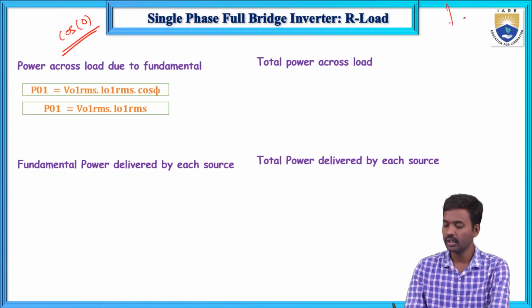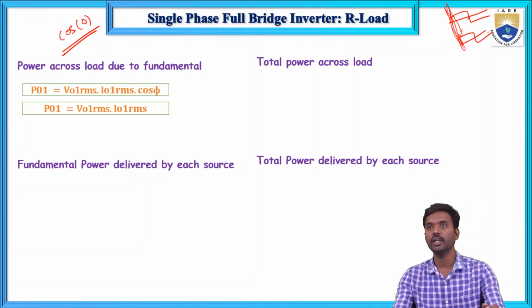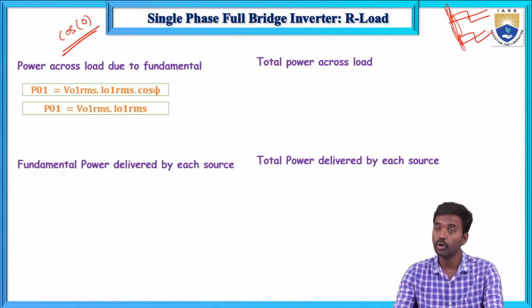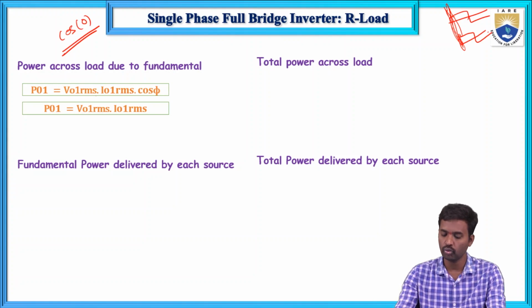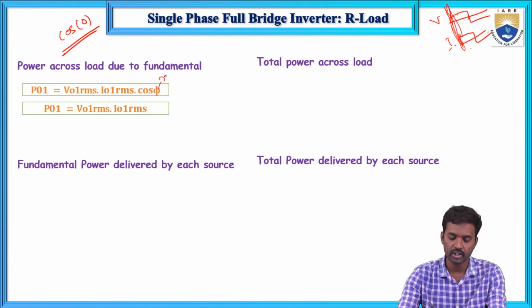Here the voltage starts from here, same, and both are in phase for a resistive load. There is no angle deviation; without any deviation, output current follows the output voltage. So the angle between voltage and current is 0, and cos 0 is 1.